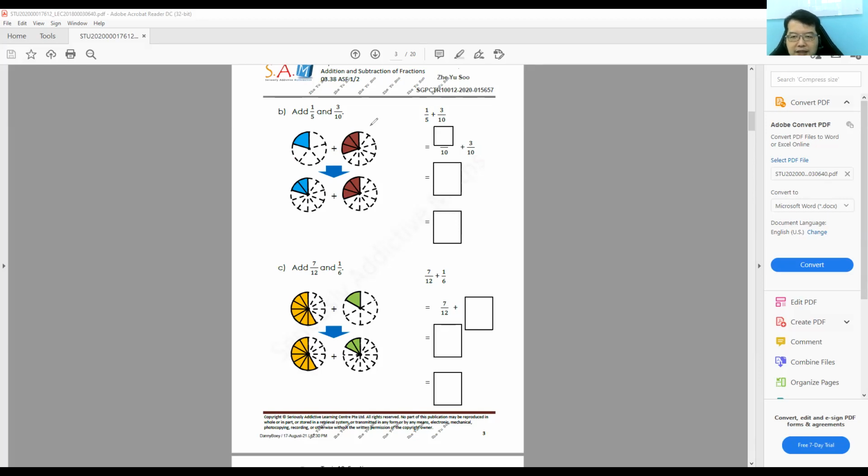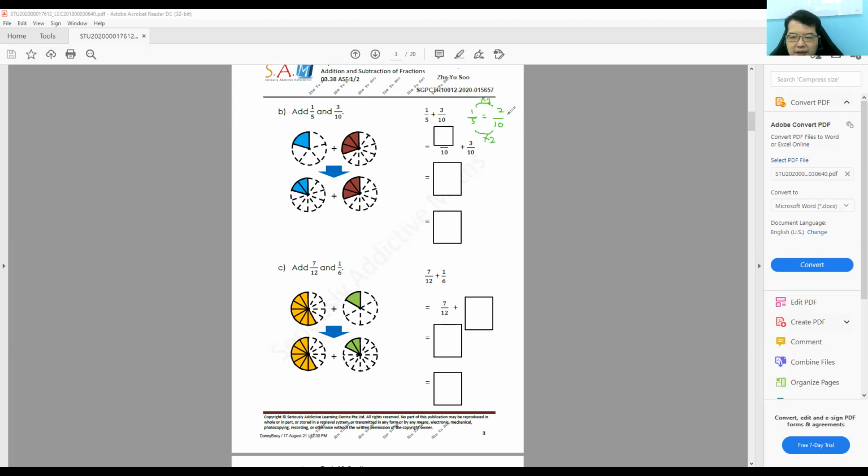Okay, let's see whether you've gotten the answer correct. I'm going to do this very quickly. I have 1 out of 5. I need to convert it into the same denominator, which is 10, the larger one. So 5 times 2, 1 times 2.